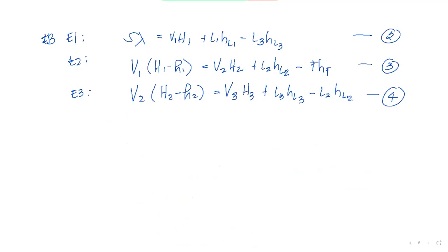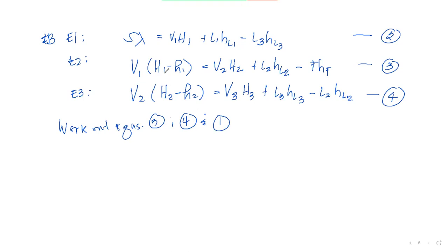This is where you did the energy balance equation. Now, if you work out equations 3, 4, and 1, take note, without substituting the assumed values of V1, V2, and V3, okay?